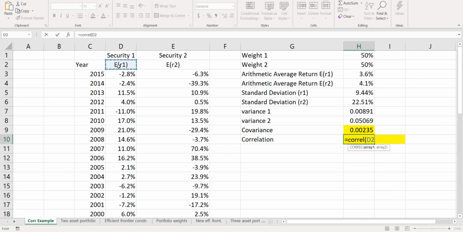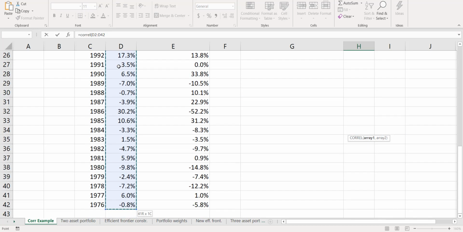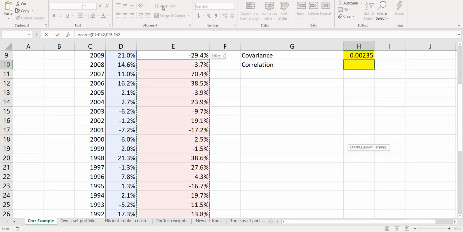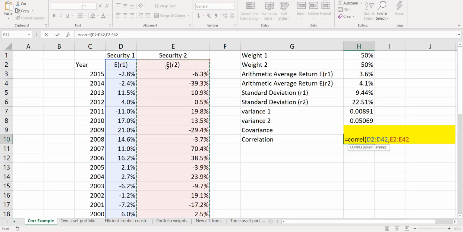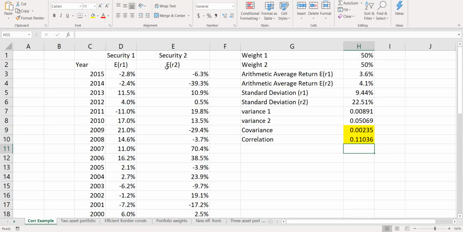And again, we just highlight the two arrays, or two series of data points, that we want to use. In this case, I will highlight array 1, the returns of stock 1 over these years, then put a comma and highlight our returns for stock 2, close our parentheses, and now we have our correlation coefficient.